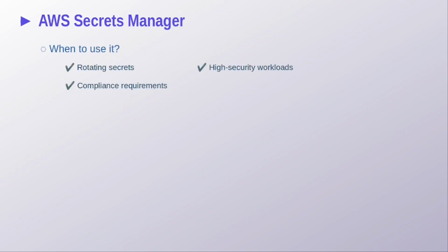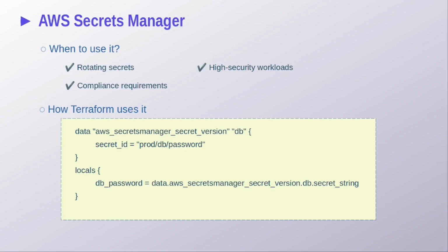AWS Secrets Manager. When should you use it? AWS Secrets Manager is great when you need rotating secrets, high-security workloads, and compliance. How does Terraform use Secrets Manager? Like this.